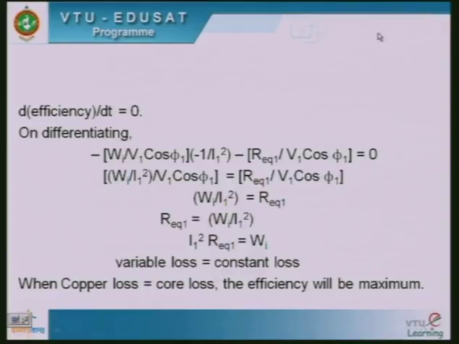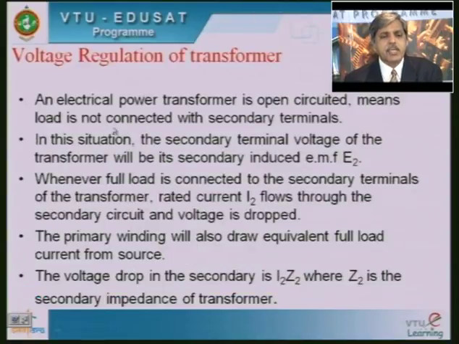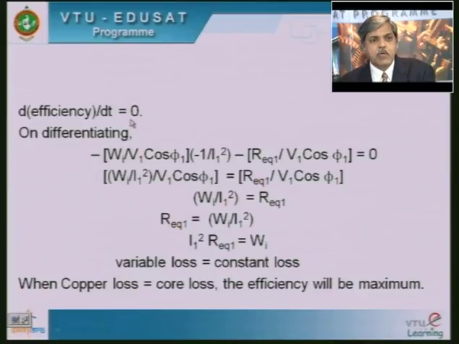I want to have a maximum efficiency, so if I go for the maxima and minima condition, I need to differentiate the efficiency equation with respect to current. Here it is written as T, but it is not T, it should be I: d efficiency by dI should be equal to 0.